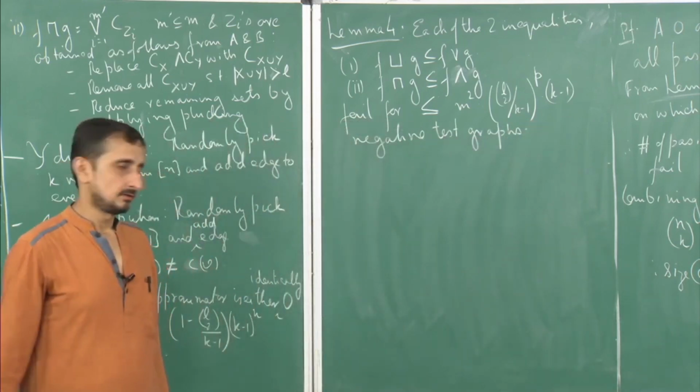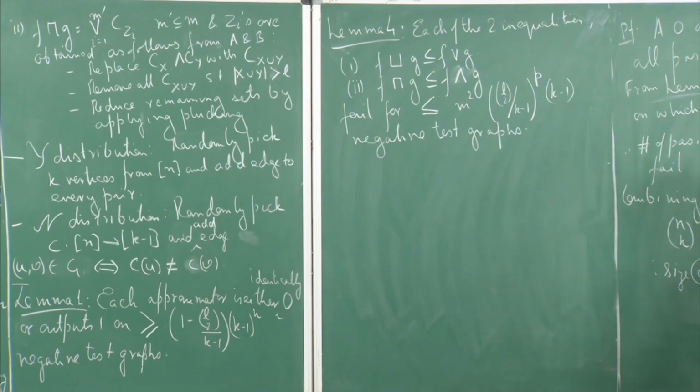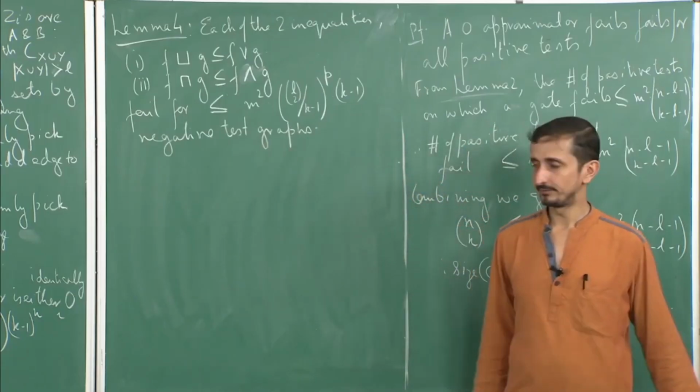Okay. So here what we are saying is that each of these two inequalities can fail for at most these many negative test graphs.